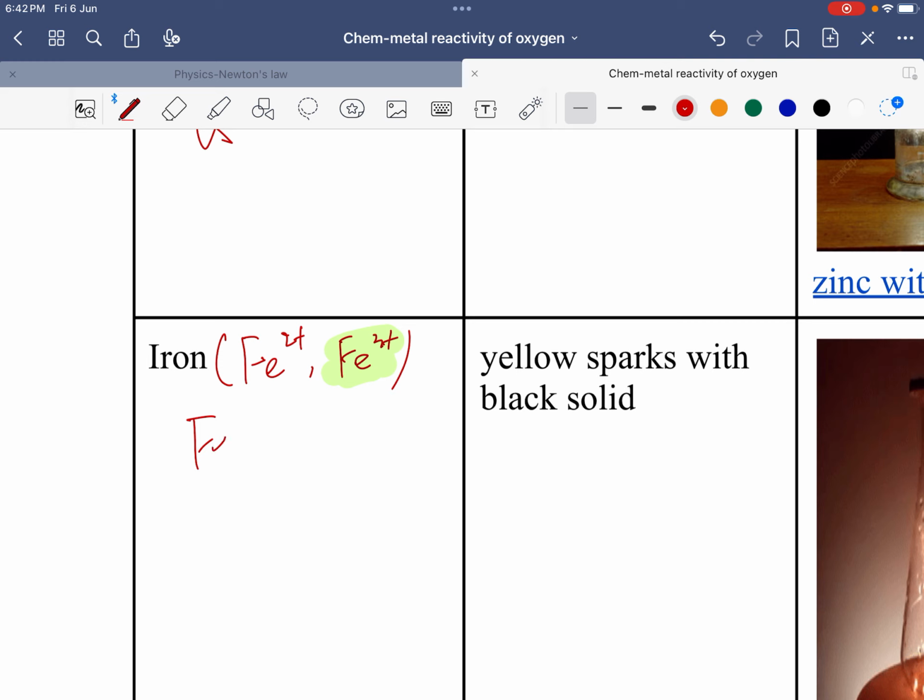So here we have Fe and O2. So we need to balance the reactant first, okay? So it should be Fe2O3.